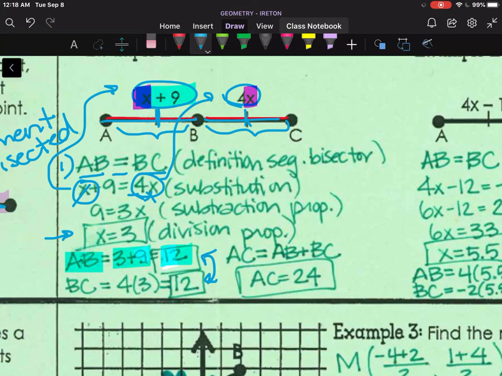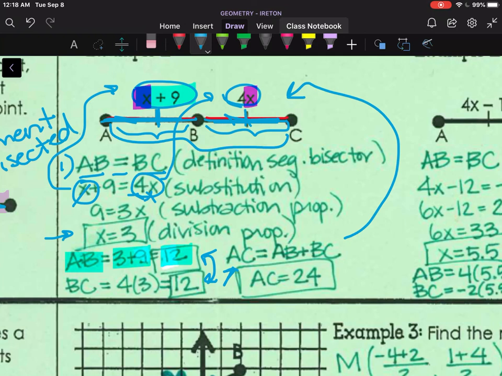If I had plugged in a number and gotten 12 and, let's say, 15, I would have to tell myself that something went wrong and I didn't get the right value for x. And then the segment addition postulate says I've got these 2 pieces of the segment, and added together they give you the whole thing, AC. So AC is the length of AB plus the length of BC, so we get 12 plus 12, and I get 24.